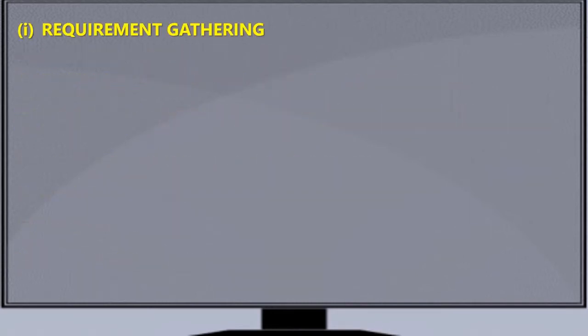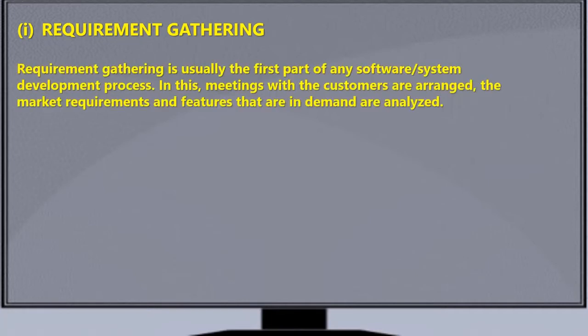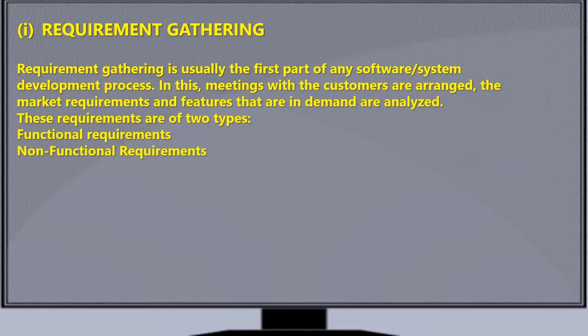Now next is requirement gathering. Requirement gathering is usually the first part of any software system development process. In this phase, meetings with the customers are arranged, and the market requirements and features that are in demand are analyzed. These requirements are of two types: functional requirements and non-functional requirements.